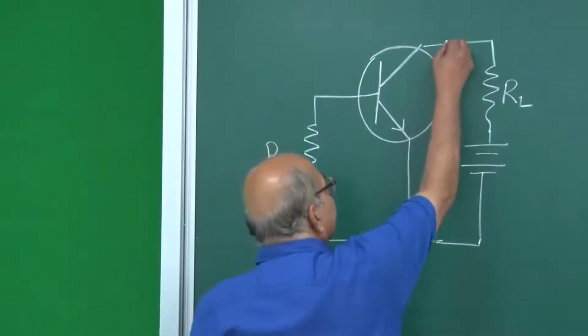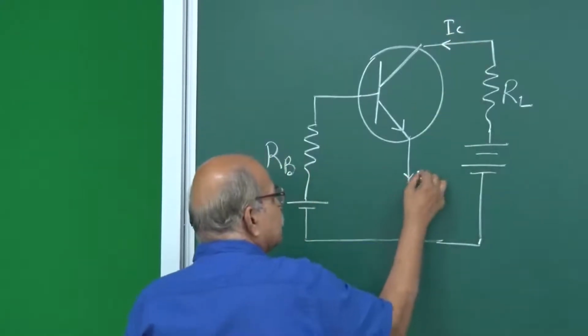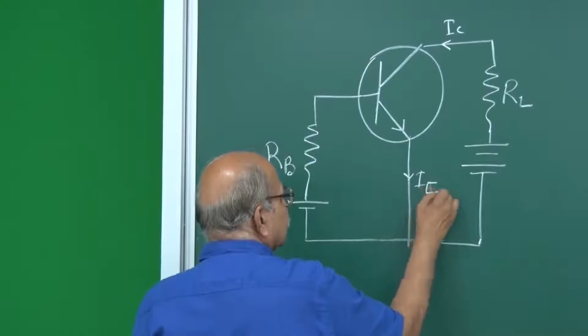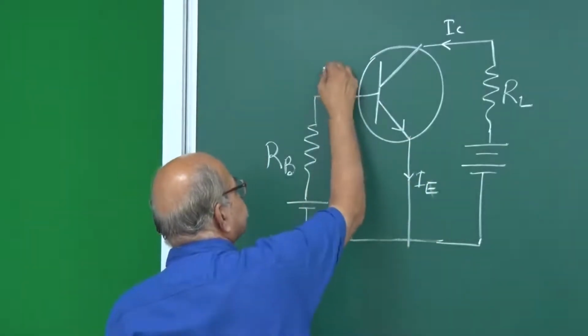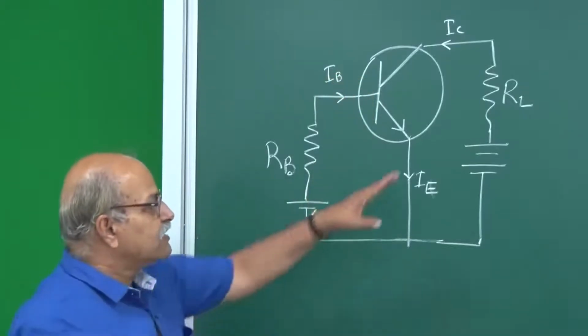So, you have a current of IC here like this, current of IB here like this, IE, and then you have IB which is going like this. So, this is the normal operation, and that is the active region.